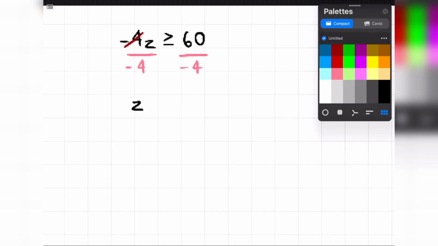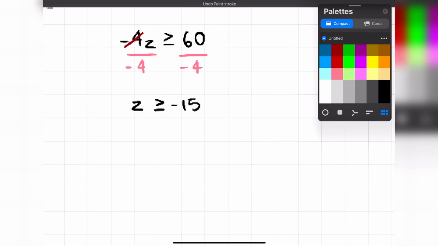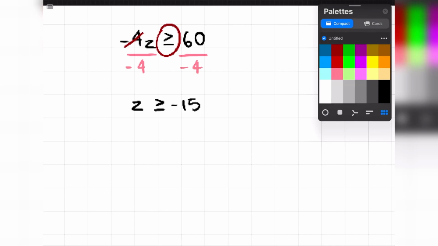So z is greater than or equal to, and I don't remember what 60 divided by -4 is. I'm bad at this simple stuff. It is -15. Now remember, when you're dealing with inequalities and you're dividing or multiplying by a negative number, the inequality symbol is going to flip to the other side.